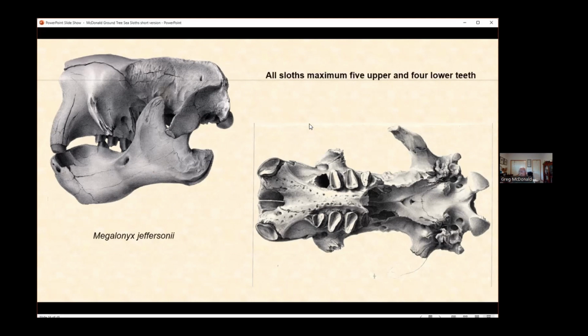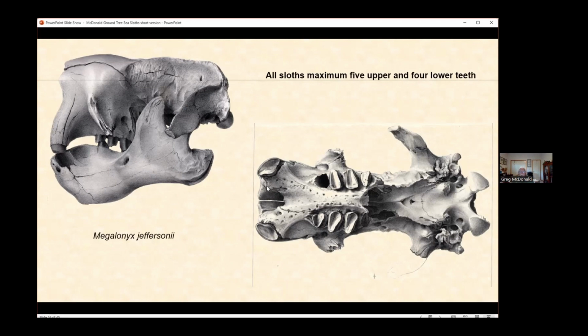And what we have to keep in mind is there's been a phenomenal modification in sloths in that they only have a maximum of 5 upper teeth and 4 in the lower jaw. And so trying to come up with the homologies of which ones are, is this caniniform really a canine? Probably not, hence using the term caniniform, while the cheek teeth here are molar-like, so we just call them molariforms, but we don't want to suggest that we've actually figured out how these teeth compare with other placental mammals.